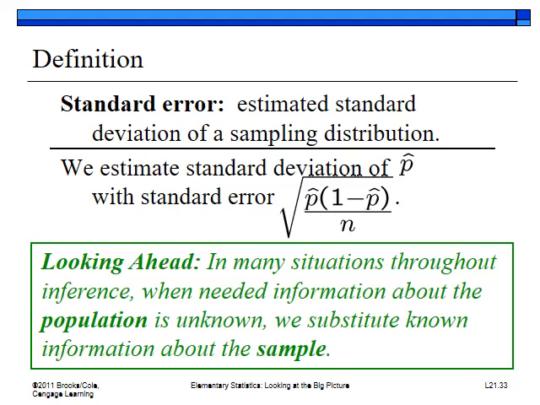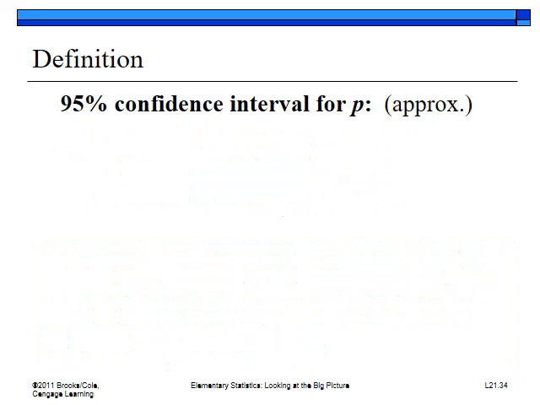This is a common technique that we will use. When we don't know something about the population, we'll substitute in the value in the sample. So the approximate 95% confidence interval for P is P hat, which is our estimate for the value in the population, plus or minus 2 standard errors.